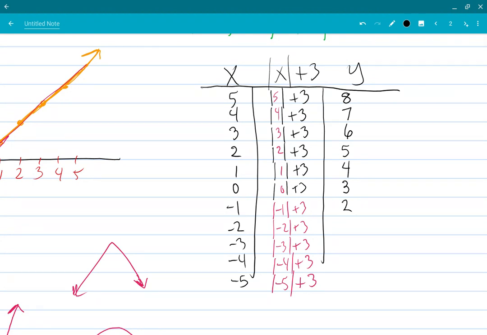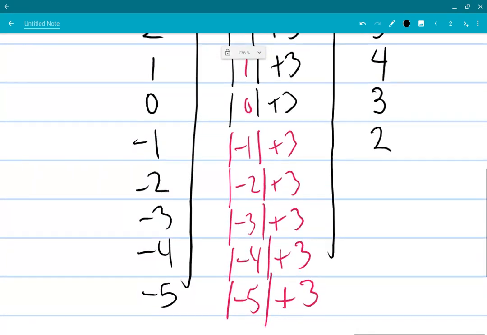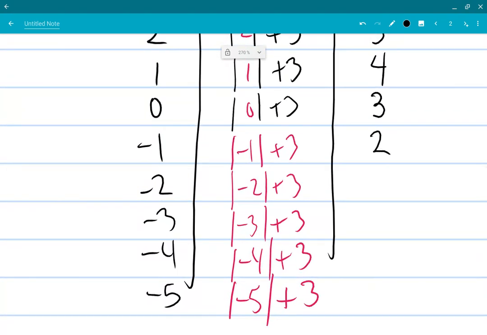How far is -1 from 0? I'm right here. How far is -1 from 0? 1. What's 1 plus 3? 4. This is actually what? 4. The same as this 4, right? So is 3 your lowest value? Yes, that would be your vertex.